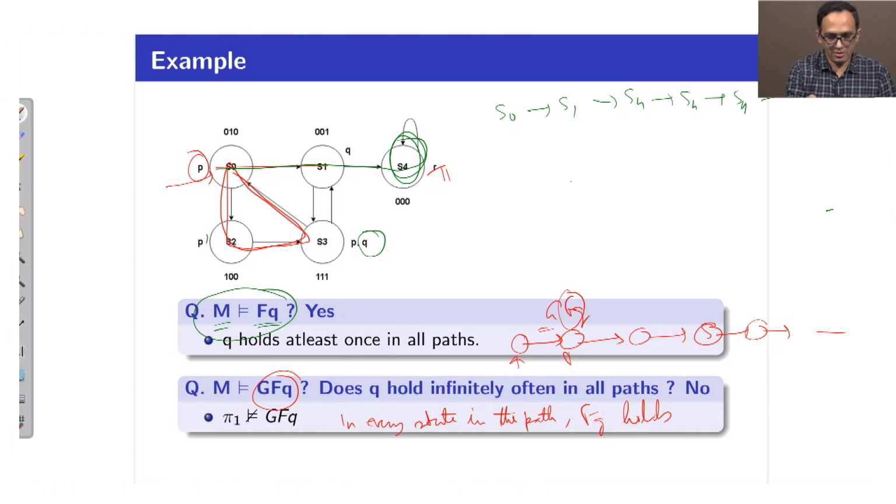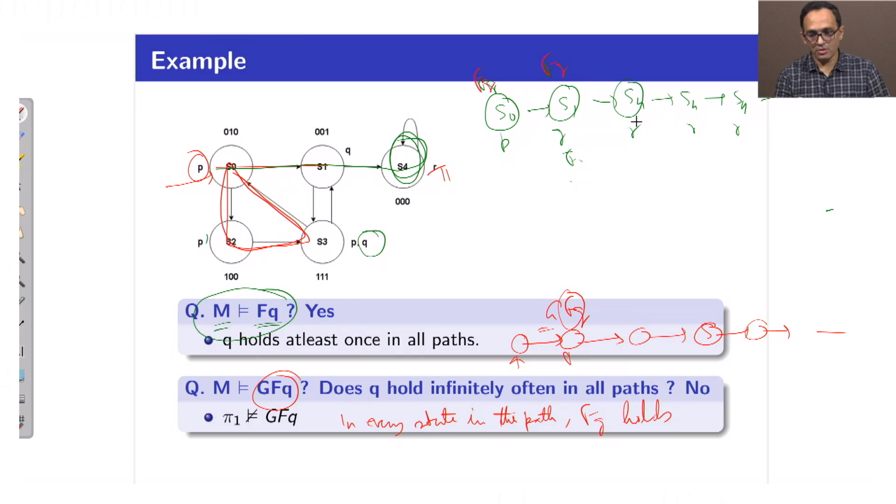Now, for this state P holds, Q holds here, and R holds here or not. Now, for this state in future Q holds, so F of Q holds here. This is my S0, this is S1, this is S4. In S1 future includes the current state, so F of Q holds here also.